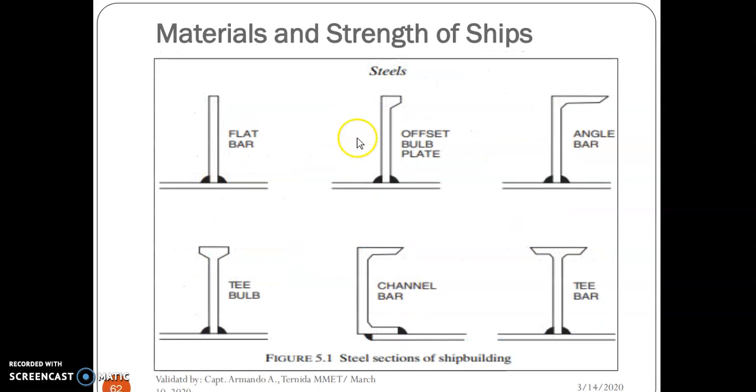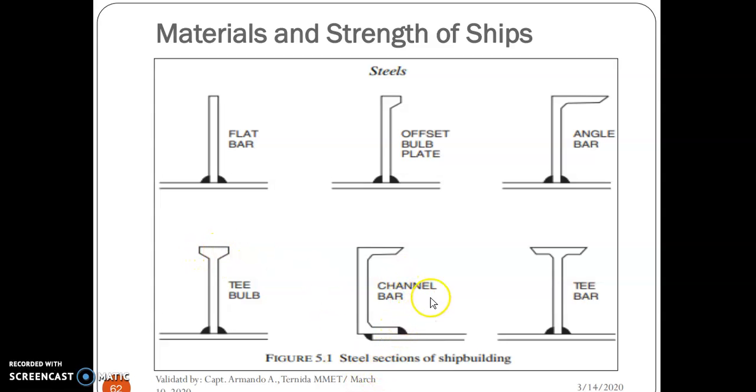Okay, so ito yung mga klase of steel sections in shipbuilding. We have the flat bar, the offset bulb plate, the angle bar, and the T-bulb. Merong T-bulb.